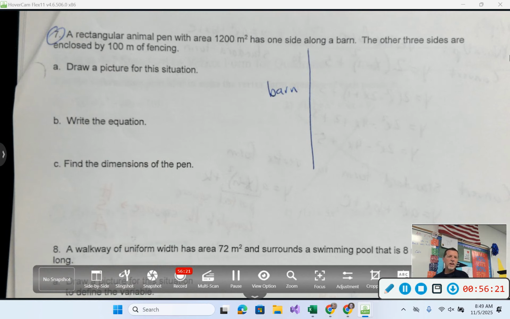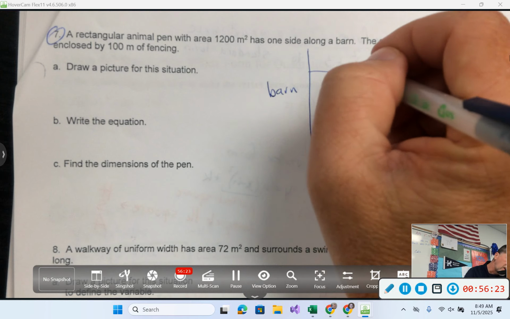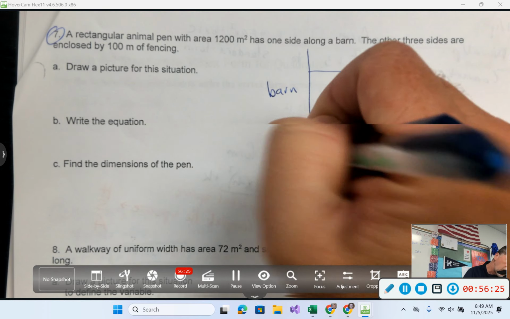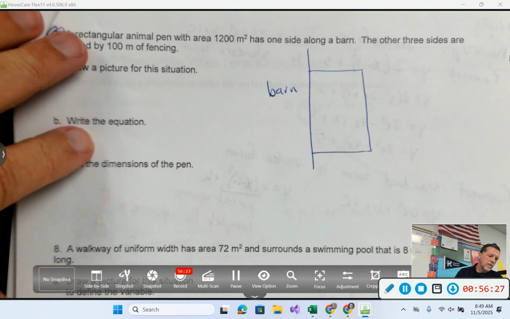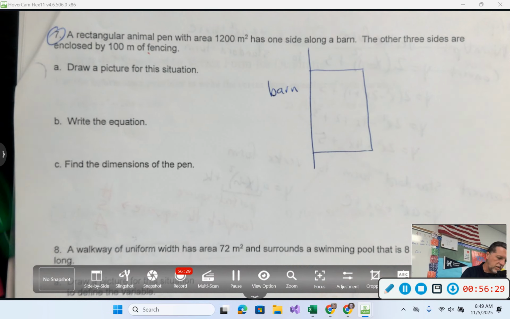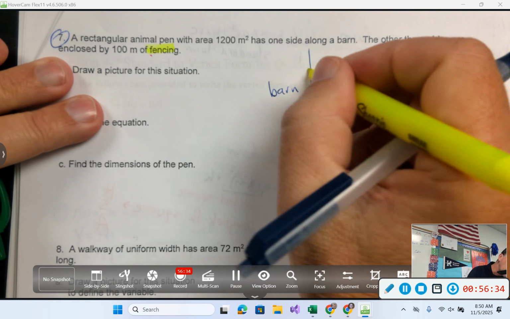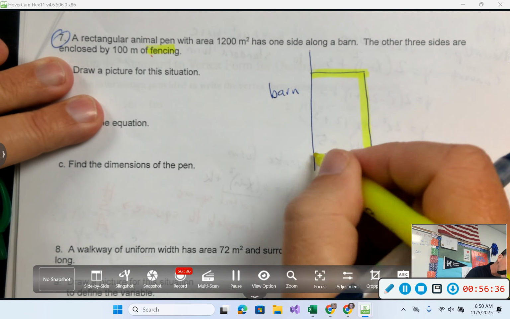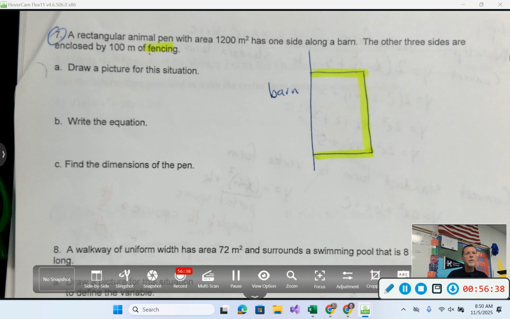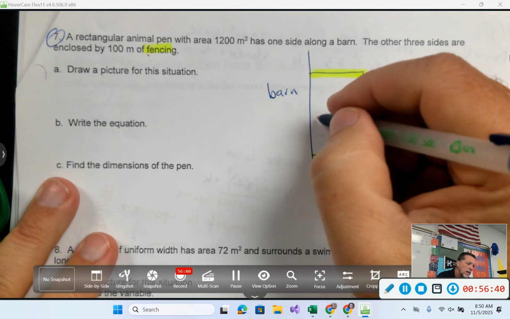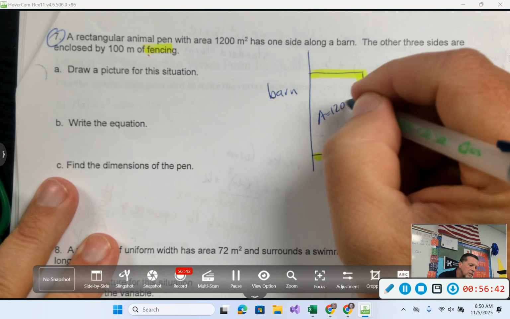The other 3 sides are enclosed with fencing. So it's like I get a free side. I didn't have to fence one side of this pen. Area is 1,200.